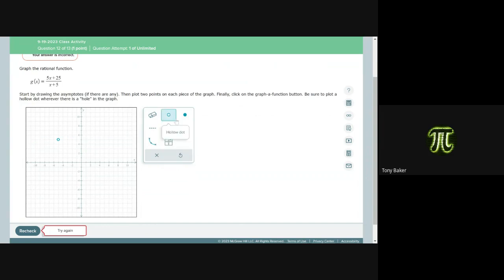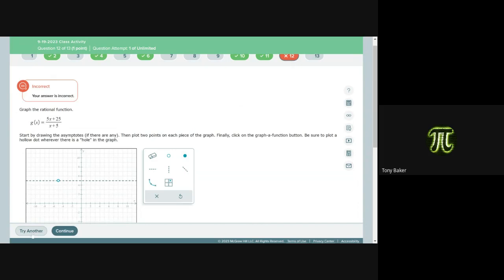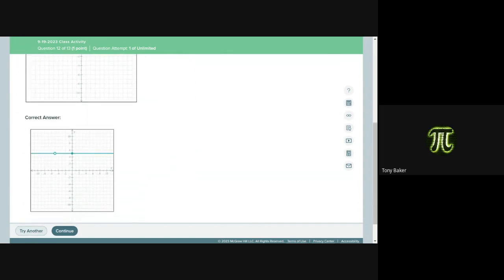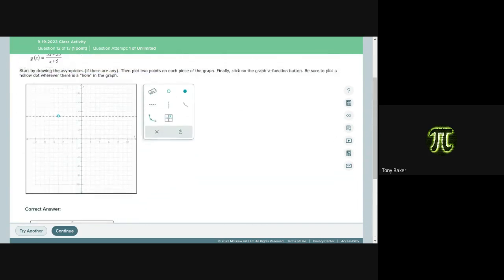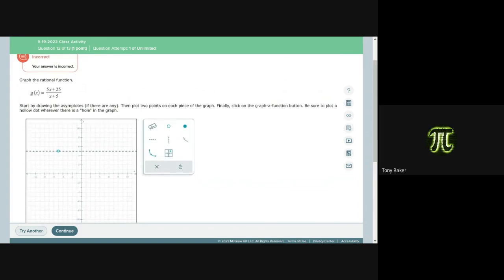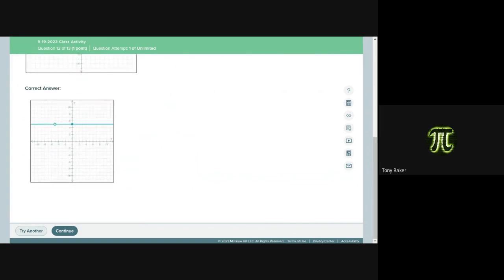Did you draw the asymptote? Oh, where it intersects. Why do you graph it first then?